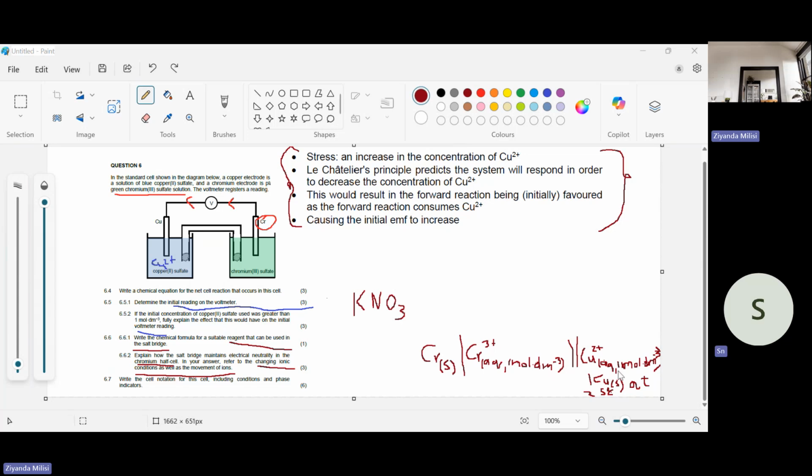So for 6.6.2 I said: ions from the salt bridge migrate to the anode and the cathode. The cations migrate to the cathode to maintain electrical neutrality of the solution.